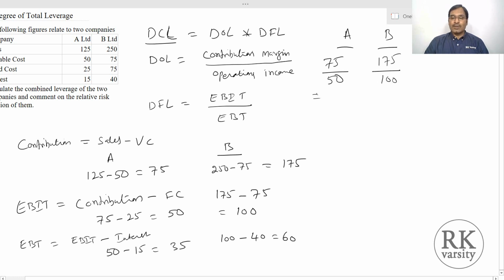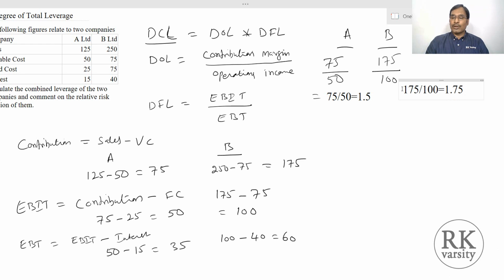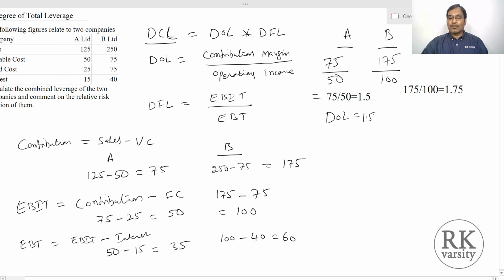So this equals 75 upon 50, 1.5, and then 175 upon 100, 1.75. So degree of operating leverage is 1.5 for company A and 1.75 for company B. So company B has high operating risk.